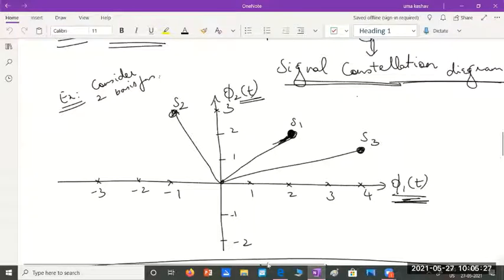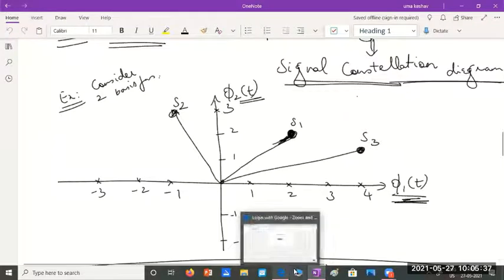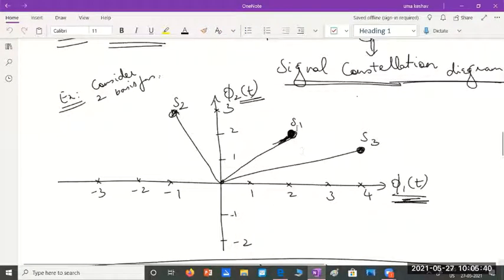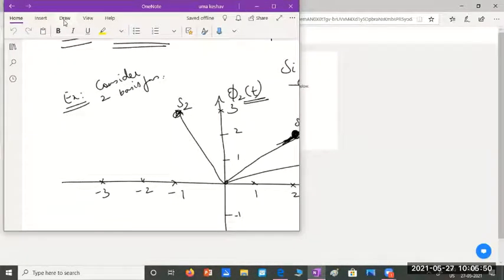We will be using this diagram commonly later on to find the Euclidean distance between two signals, to find the decision-making boundary. So in a receiver, if I should differentiate between a received signal as S1 or S3, I should have a decision boundary between the two. Are you following what I'm telling?